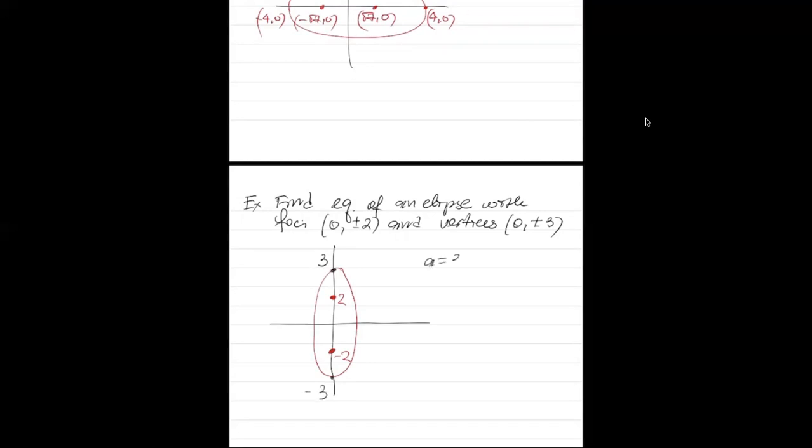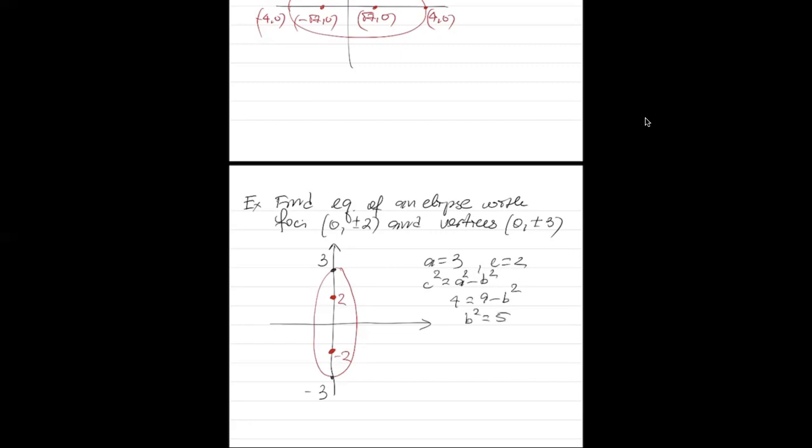So a is 3, that's a major axis here. A is 3, and c is 2. We can find b from the equation c squared equals a squared minus b squared. 4 equals 9 minus b squared, and b squared is equal to 5.